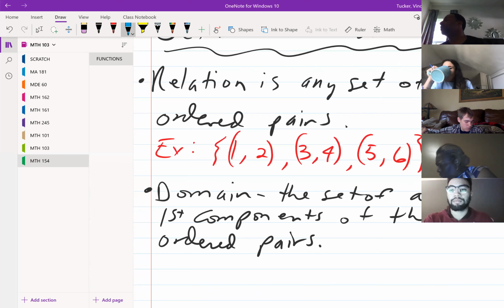Okay. So it's an ordered pair. The domain is just the set of all first components of your ordered pairs.